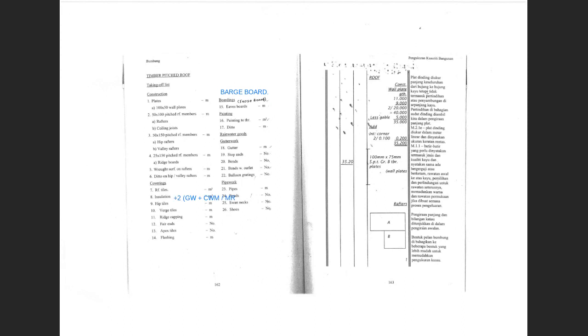So here, definitely you can see there are more than 26 items. 26 plus 2 plus 1 barge board, so already 29 items. Okay, next one.